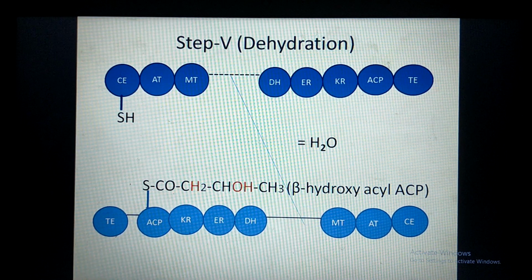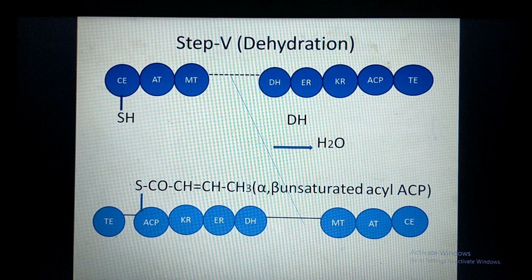Now the next step is dehydration, removal of water molecule. Now from beta hydroxyacyl ACP, 1 molecule of water is removed. So in this case, OH from beta carbon and hydrogen from alpha carbon is removed. Therefore, at beta carbon, CHOH group is converted into CH group, and at alpha carbon, CH2 group is converted into CH group.